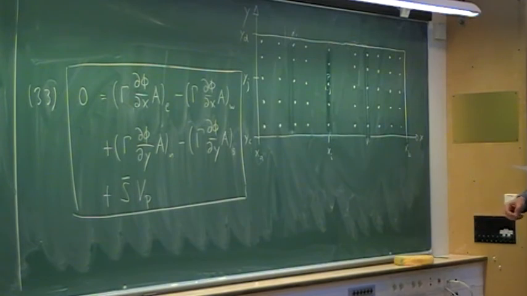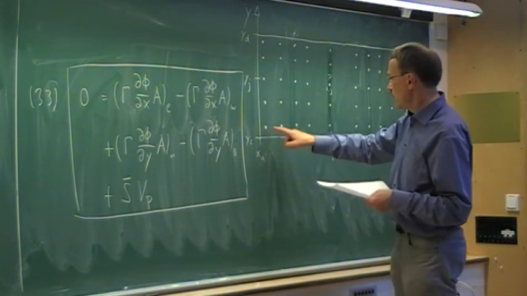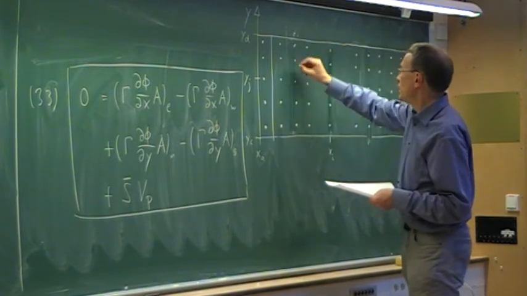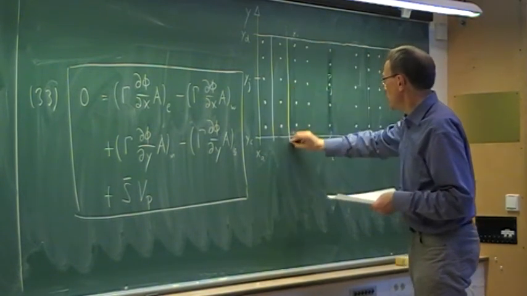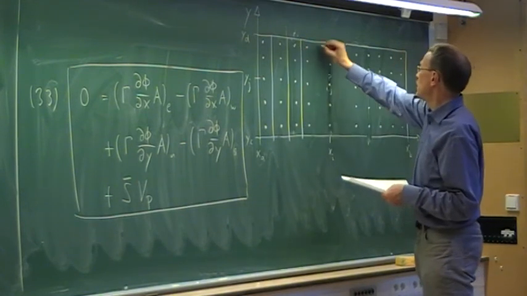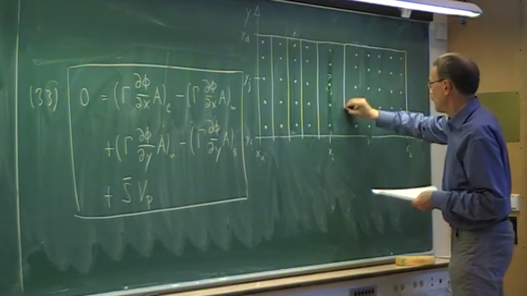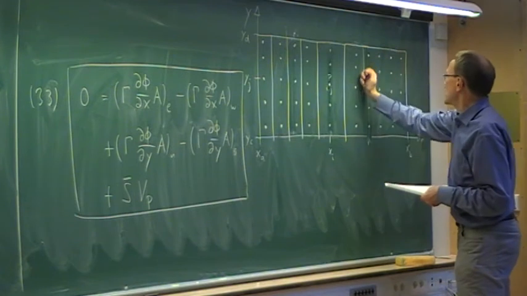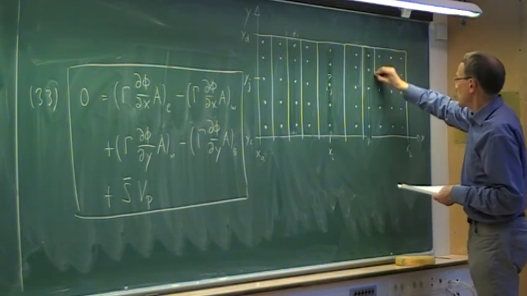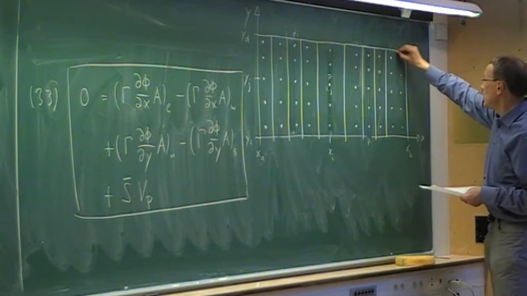Then we define the faces halfway. Here is one, halfway is roughly here. Halfway here is about here. Here it's longer, even longer. So that is the way we also did in 1D. We define the faces halfway between the grid points.